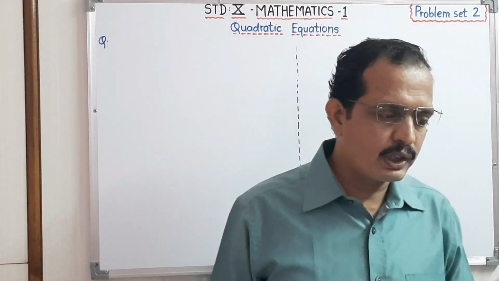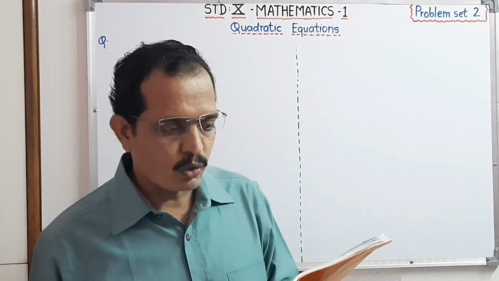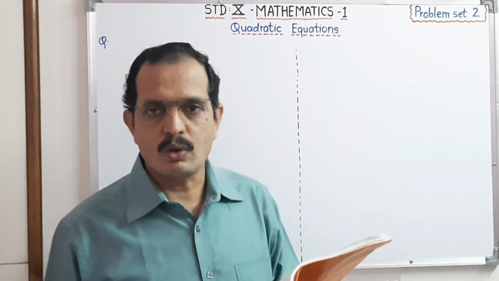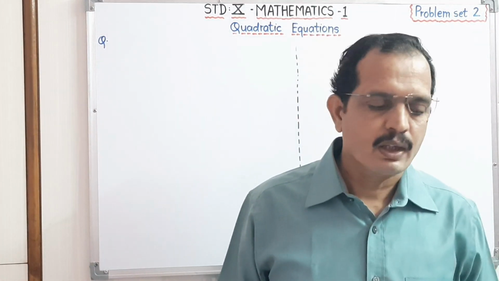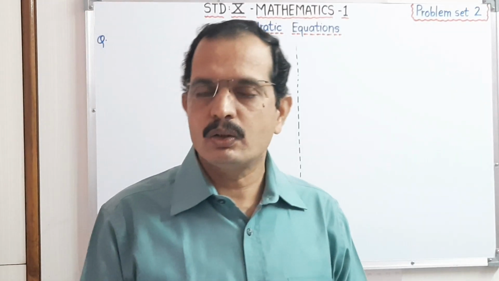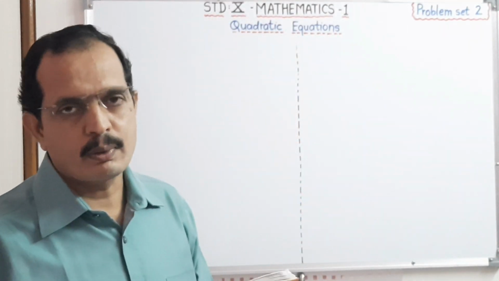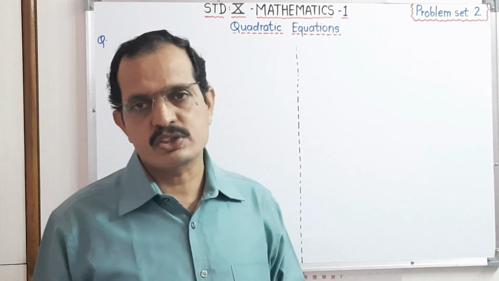Which of the following equations is quadratic? That means three equations are given and we have to decide which are quadratic and which are not quadratic. For that purpose you must know the standard form of a quadratic equation.